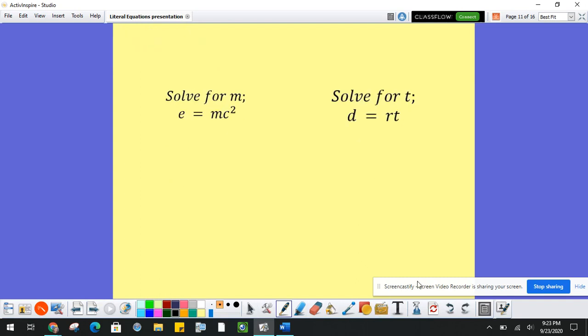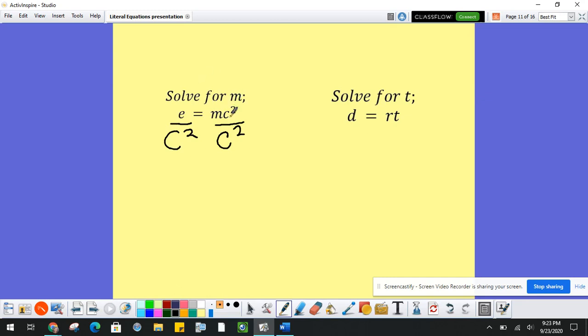All right, 2 more examples. This one says solve for m. First job is to figure out where m is. M is on the right side of the equal sign. It's multiplied by c to the second power. So how do I get rid of multiply? Divide. So I'm going to divide by c to the second power on both sides of the equal sign.